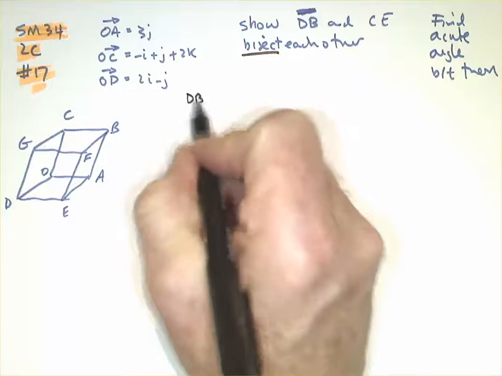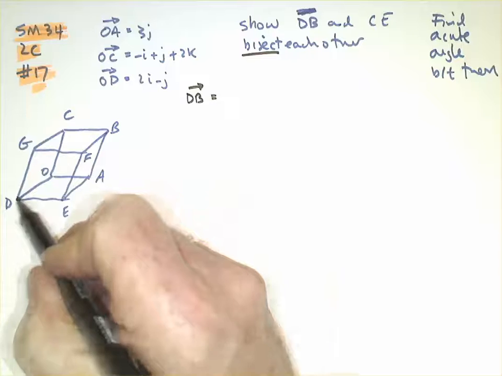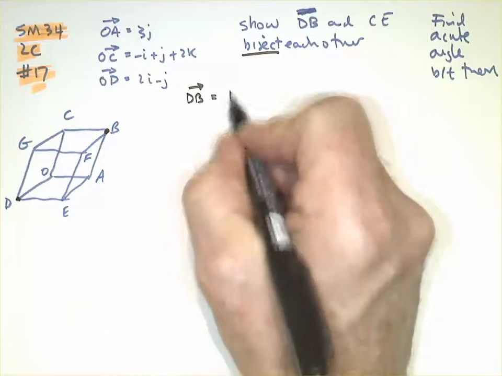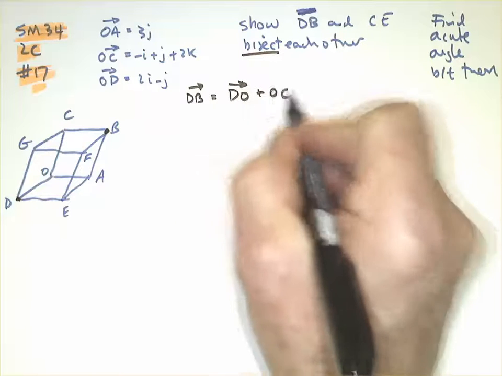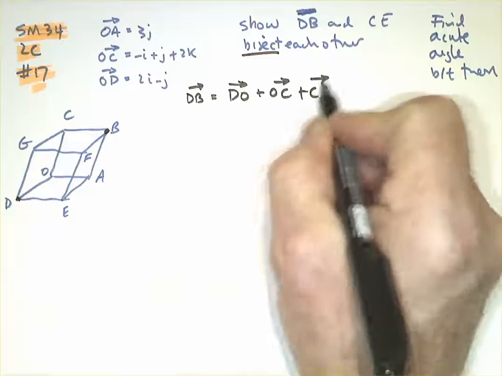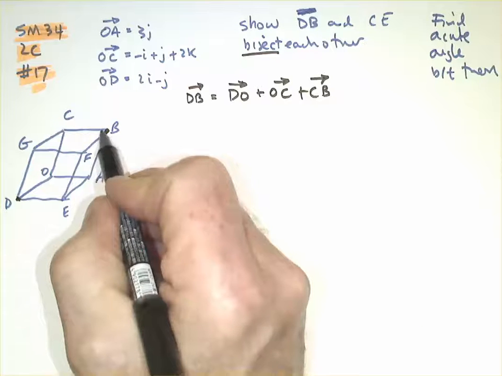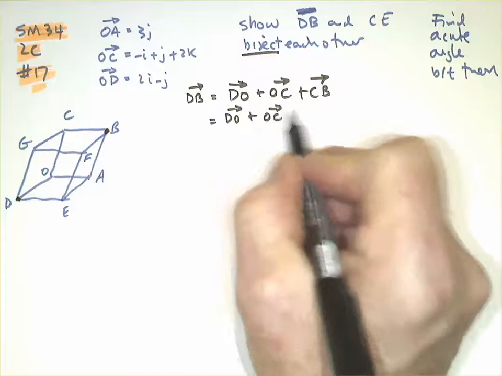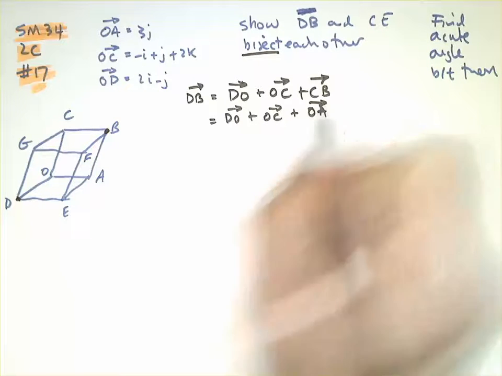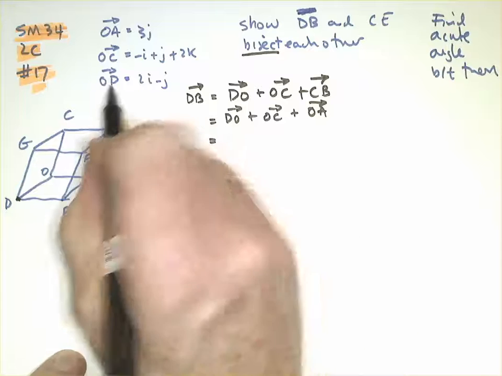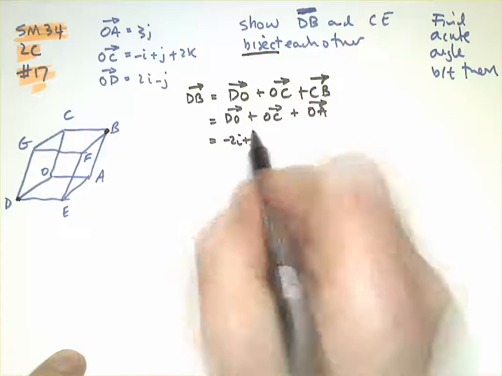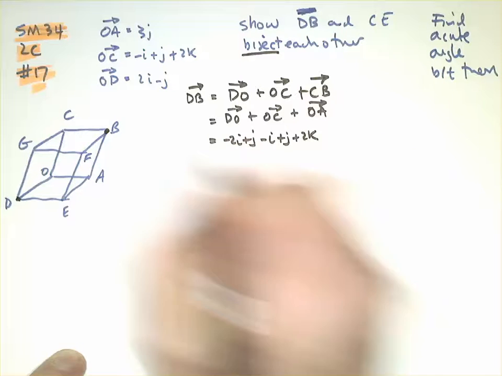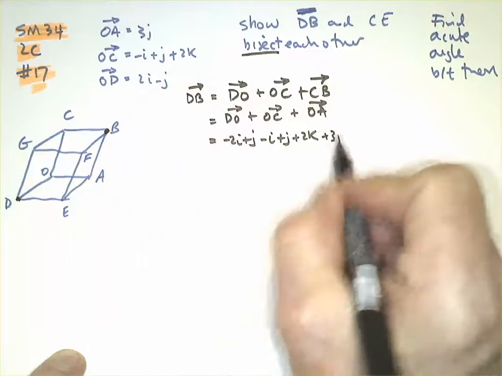So DB, going from D to B, is the same as going from D to O plus O to C plus C to B. And C to B is the same as O to A, so that's D to O plus O to C plus O to A, which equals, D to O is that backwards, minus 2I plus J, OC is minus I plus J plus 2K, and OA is plus 3J.